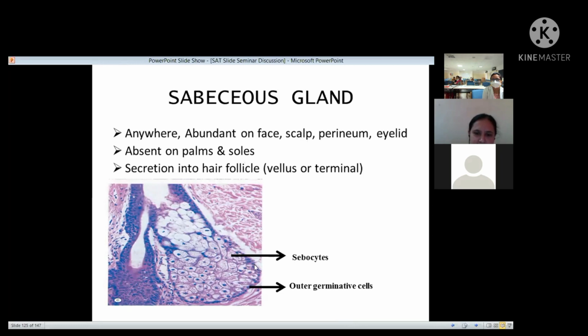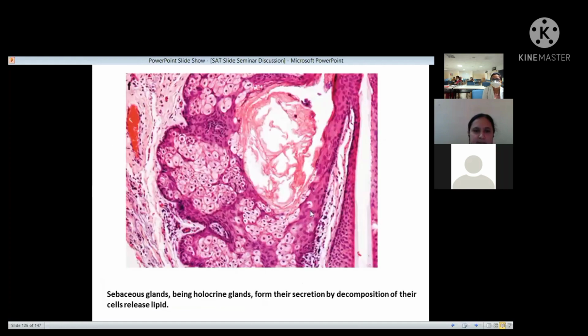Usually we see one or two layers of outer germinative cells, and then these mature into sebocytes, and they show holocrine secretion, that is, the cells disintegrate and release sebum into the duct. This is how the holocrine secretions look, like a pink amorphous material in the duct.